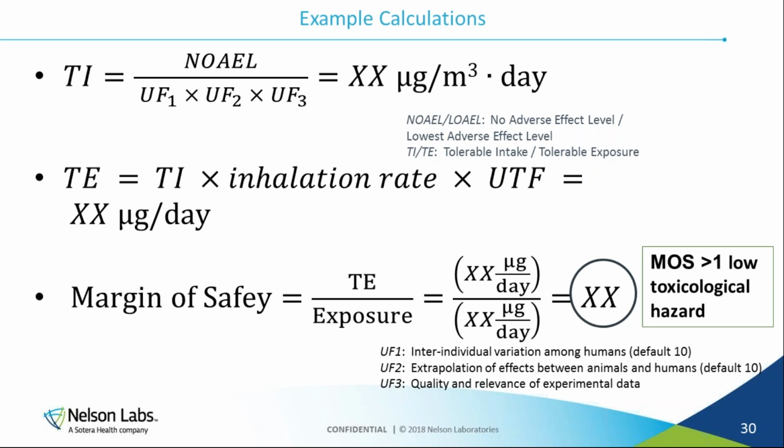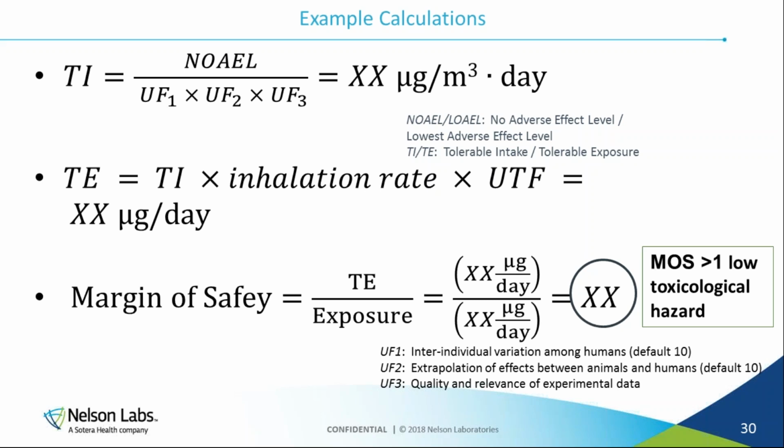And then the third uncertainty factor is quality and relevance of the experimental data. So we'll look at replications, how great the sample size was, how long the study ran, and whether it appropriately correlates to the device. Sometimes we'll have to adjust here for route of exposure, which can be done quite frequently for inhalation, when we consider a systemic exposure versus a breathing pathway exposure.